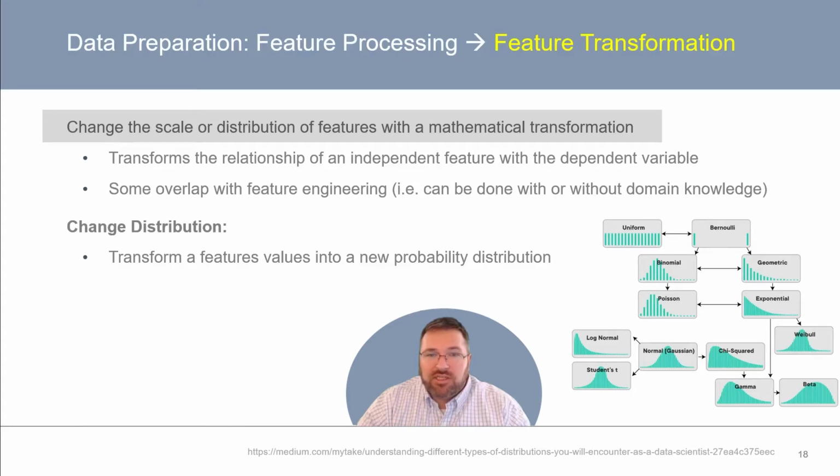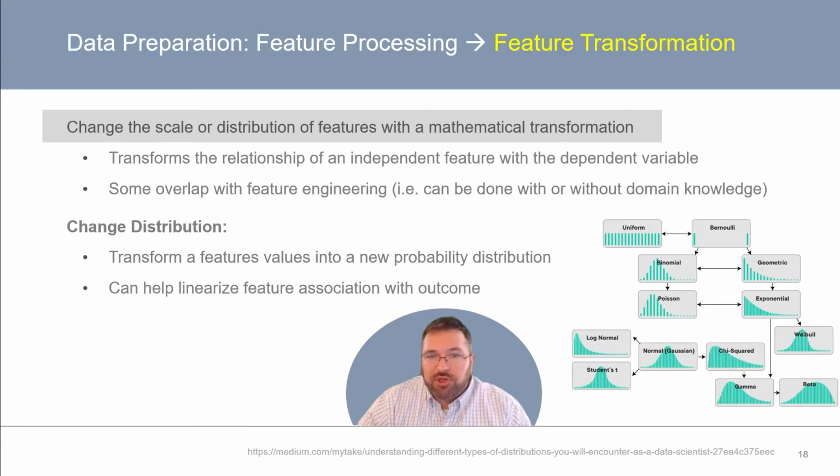The first is to change the distribution of a given feature. This transforms the values of the feature such that it follows a new probability distribution. We can see some specific examples of well-recognized value distributions here on the right, including binomial, exponential, and normal or Gaussian distributions, to call out a few.